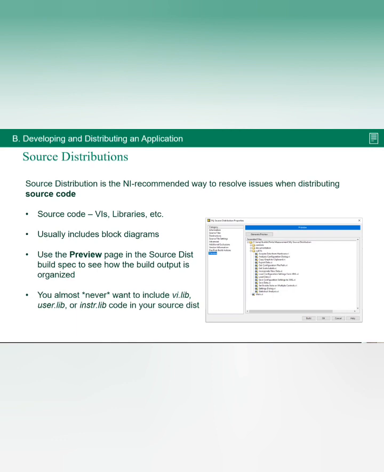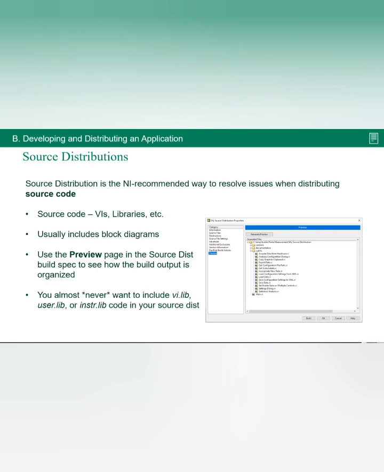Now, one word of warning, definitely an issue that I've had to troubleshoot before, is when people create a source dist, but they include VI-lib files or user-lib or insta-lib files in that source dist. You almost never want to do that because you're distributing source code, which means the person who's consuming this source dist has LabVIEW.